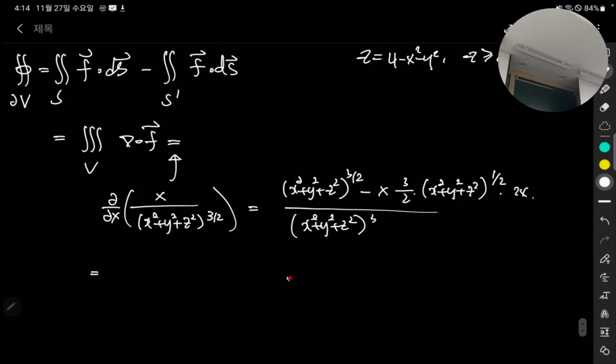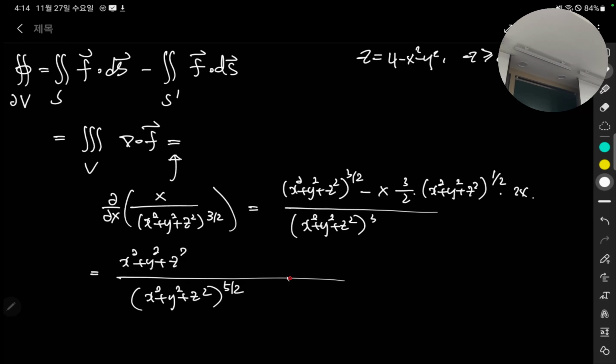So it's the same as (x² + y² + z²)^(5/2) times the quantity x² + y² + z² minus 3x². That's the first part, the Px part.